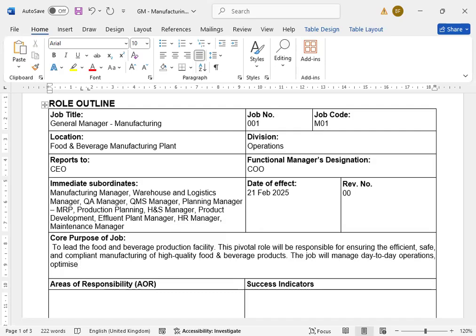Is that the correct spelling? I think Z. Optimize production.